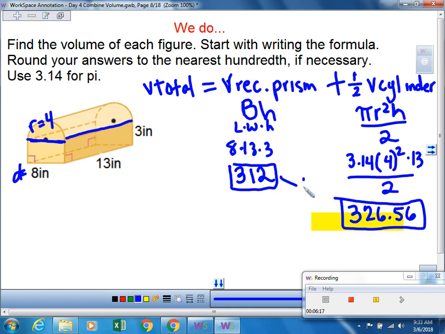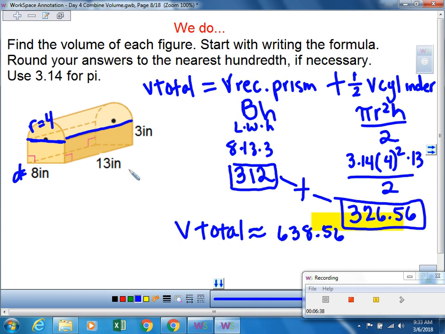So now we're going to add these two. And we're going to say the volume total is, and since we're using pi, we're going to say about, add these two, so it should be what? 638.56.